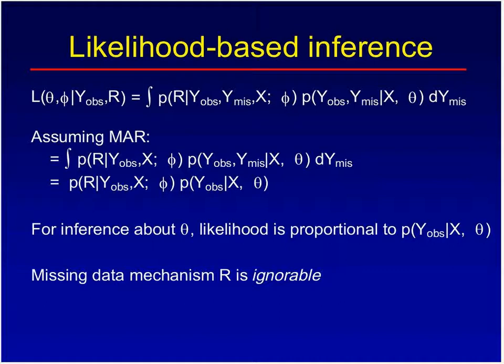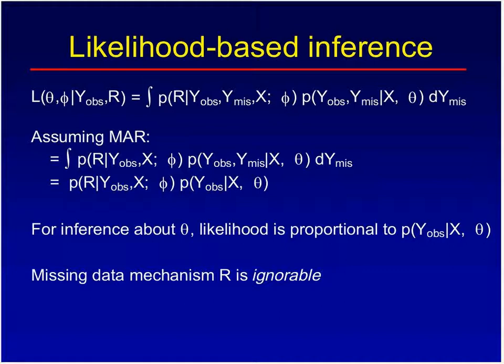The complete data likelihood, after the integral, includes R conditional on Y obs, Y miss, and X, and also the data likelihood that involves Y conditional on X.